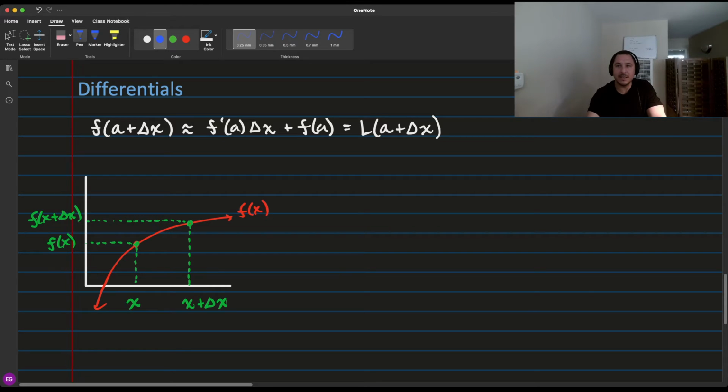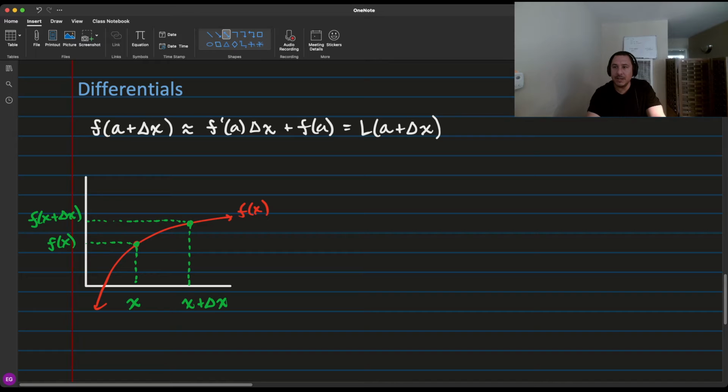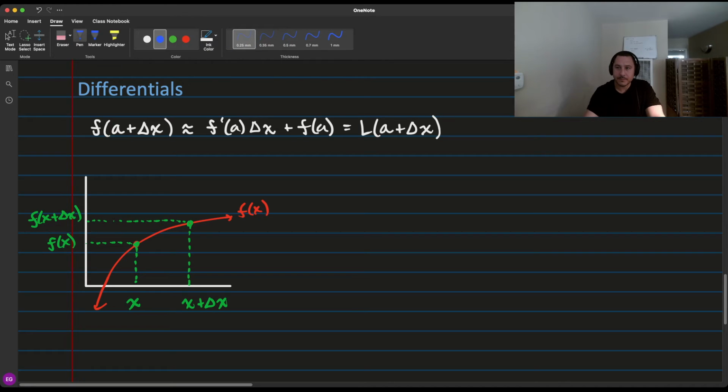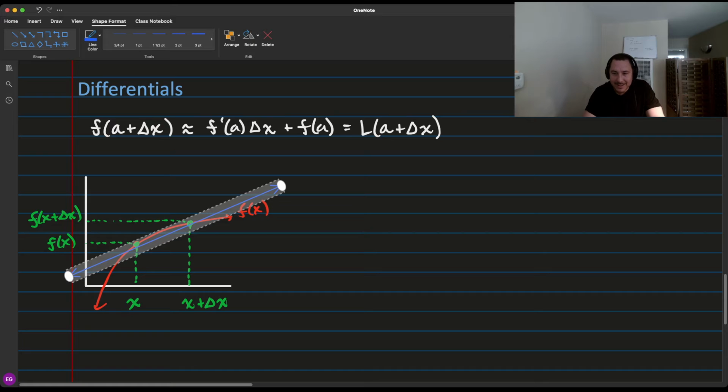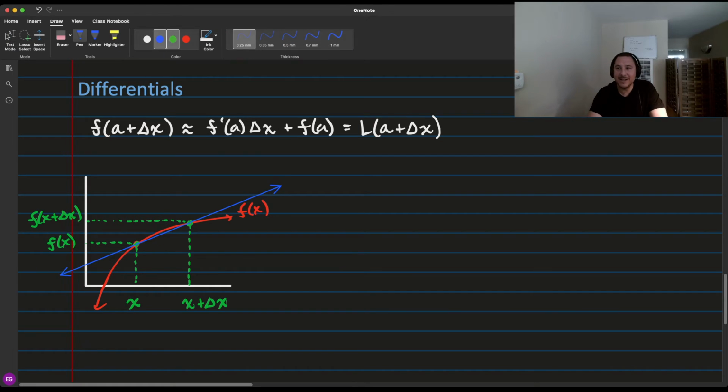It should make sense to you that if you look at those two points, you could draw a secant. If you draw a secant line between them, you get this. And if you remember, you can think of the slope as the ratio of these two sides right here.